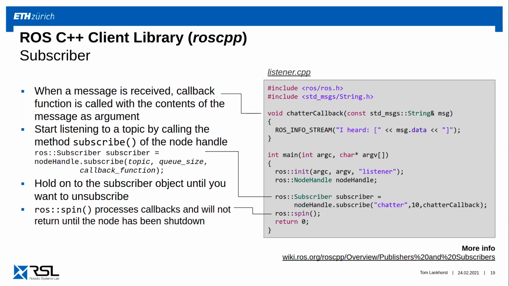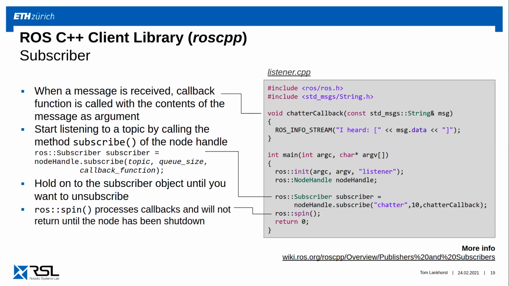Note how a constant std_msgs::String ampersand, which means reference, called message is the first argument to the callback. In the callback, we just stream the value of the message to the info output.